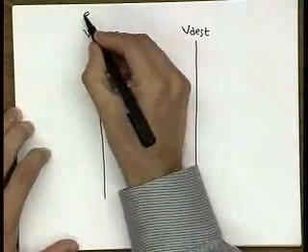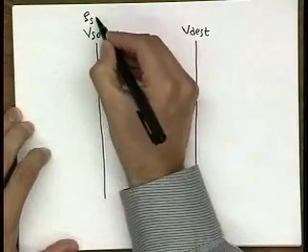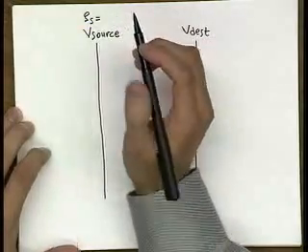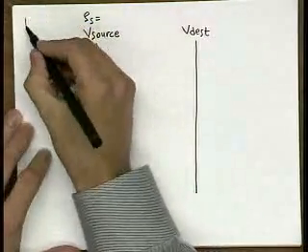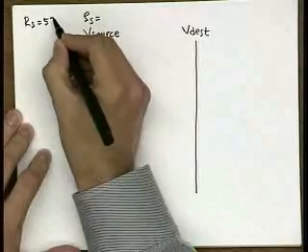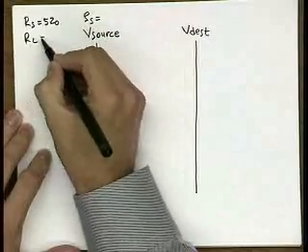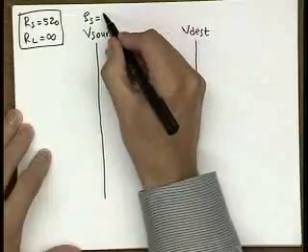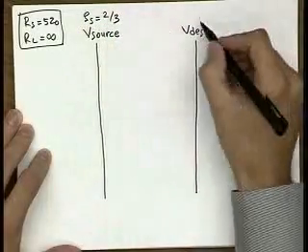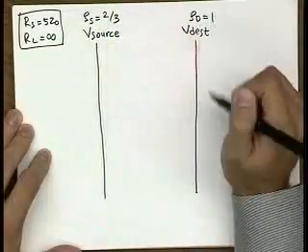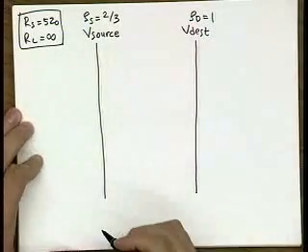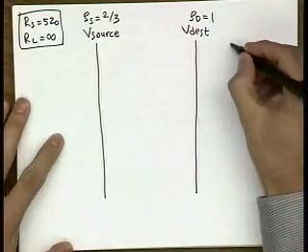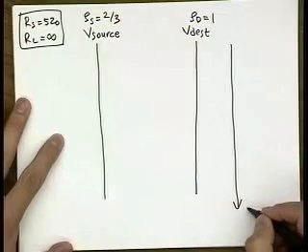Over here you need to know your reflection coefficient, and for the particular case that we analyzed with Rs equal to 5 times Z naught and RL equal to infinity, we had that this one was 2/3 and this one was 1. And you label this as a time axis.